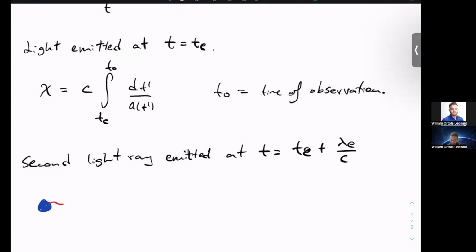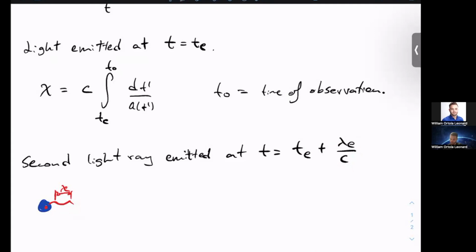So if you have a wavelength lambda E to begin with, this second light ray, which comes right after the first one, is not going to be emitted until a specific time has passed, which is the wavelength over the speed of light, because that's the speed at which it is going out of the sun. Until that time has passed, we will not have the second light ray being emitted.